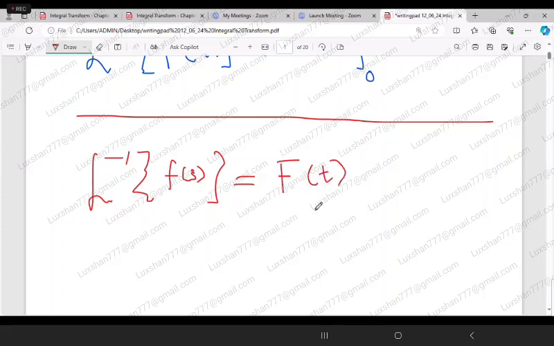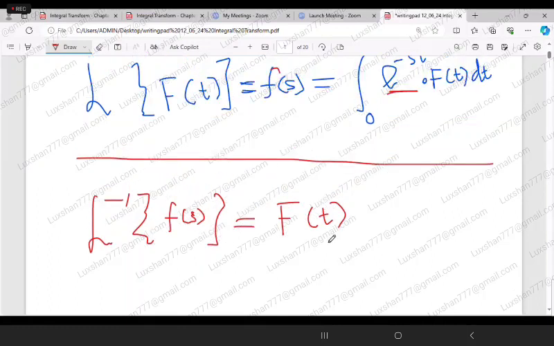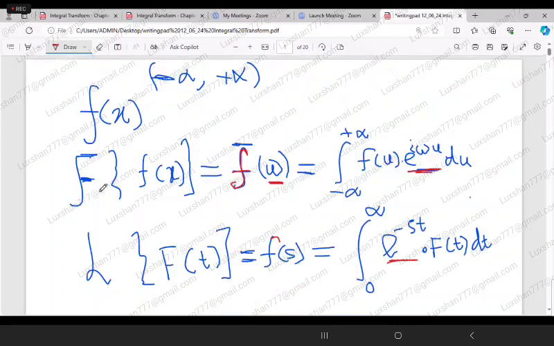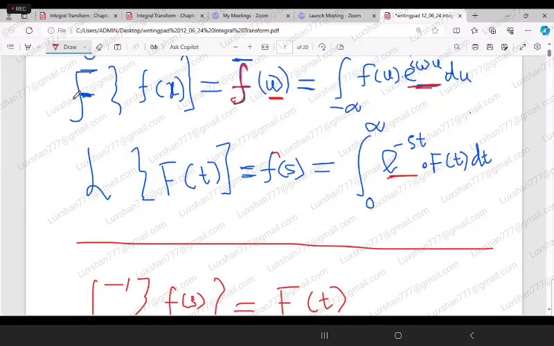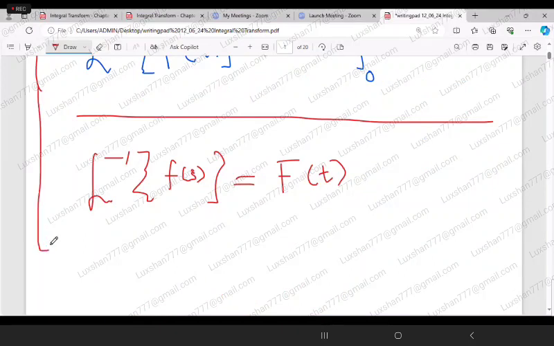Here actually we don't have any formula to find this one. We use some techniques to find the inverse Laplace transform. Actually, we don't have a formula in Laplace transform to find the inverse. But in Fourier transform, if you want to find the inverse of the Fourier transform, we can use a formula.